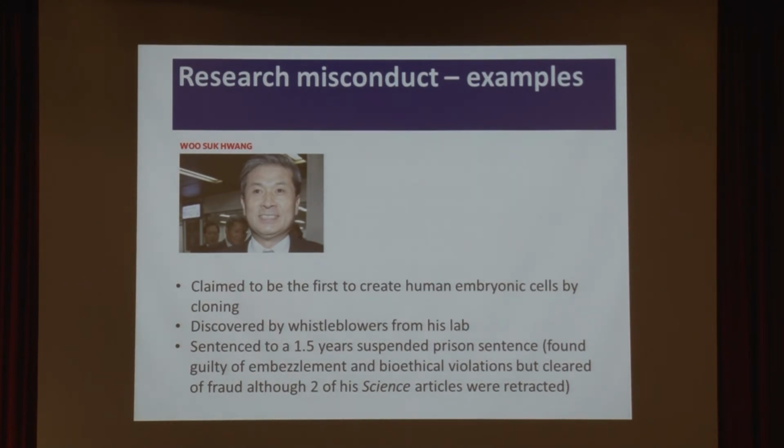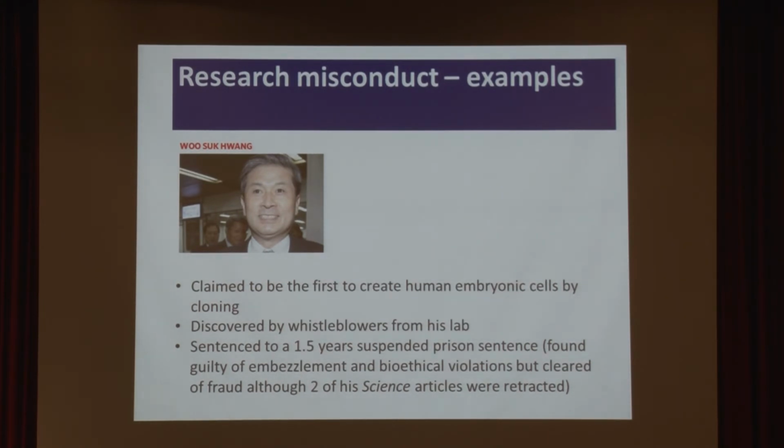These are just some examples. Probably those from my medicine field. There was a researcher from South Korea. He was the first in the world to claim that he created human embryonic cells by cloning. So the Nobel Prize was there, waiting for him. But whistleblowers, so people who spoke anonymously about what actually went on in his lab, showed that he actually cheated, that he faked his results.